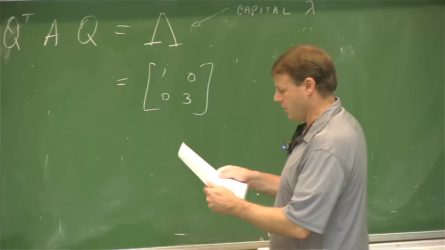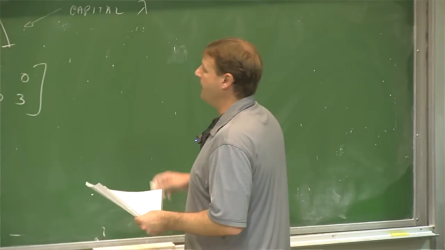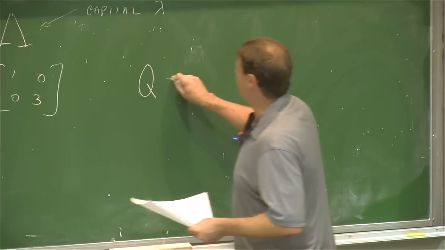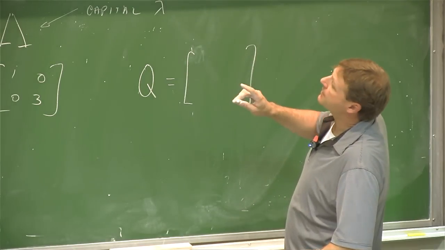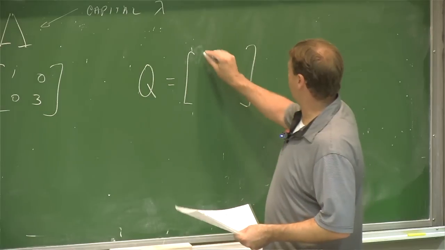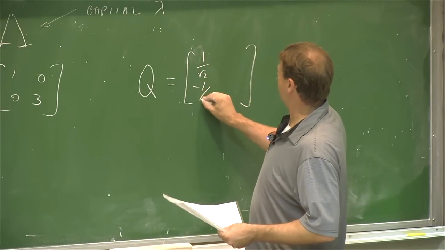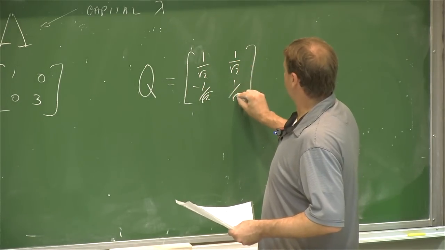And I also want to highlight Q. Q is equal to this matrix here. Is it the one with the negative there? Yeah, okay. 1 over root 2, negative 1 over root 2, 1 over root 2, 1 over root 2.